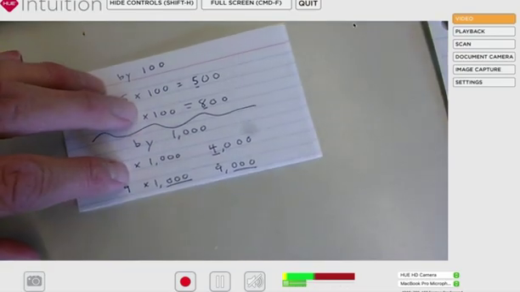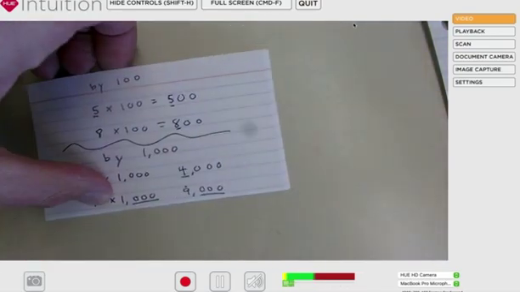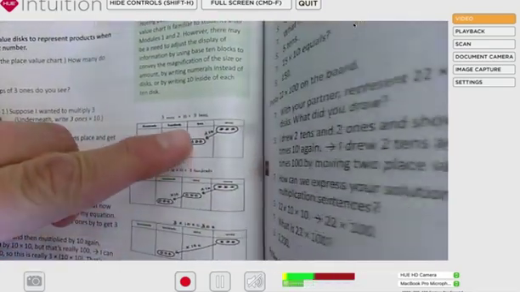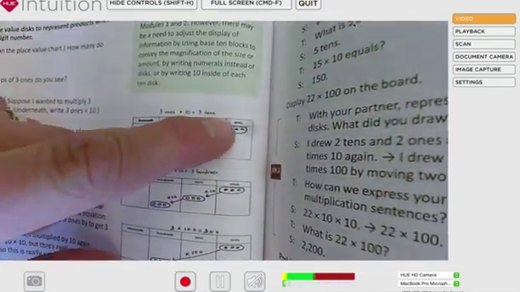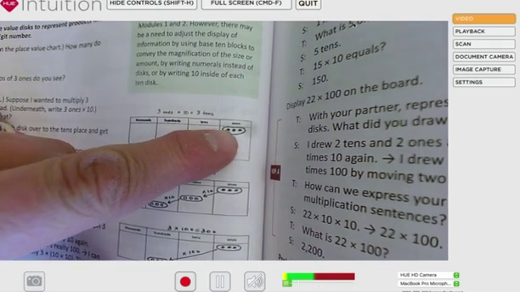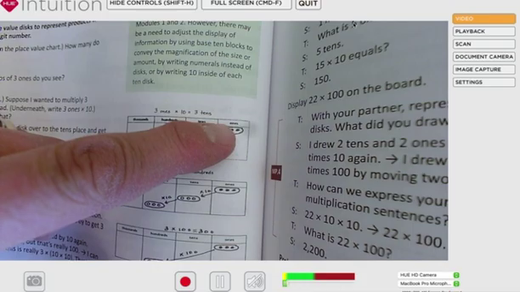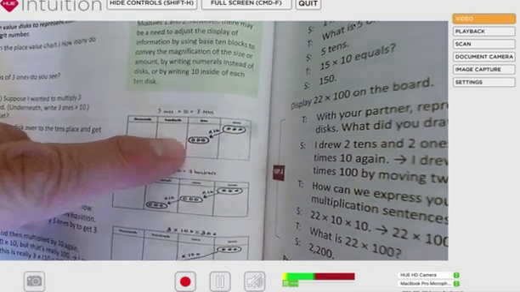If you want to see what that looks like in a different form, I can show you this, okay? And hopefully we can get a good little view of this. Oh, we remember the dots and the dashes and the moving. So this is what 3 times 10 would look like, right? 3 ones, and it gets moved over to the tens place. 3 ones times 10 is 3 tens.